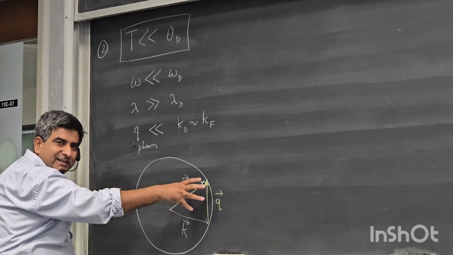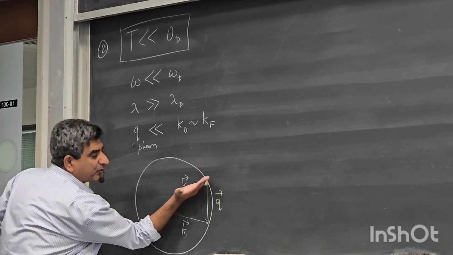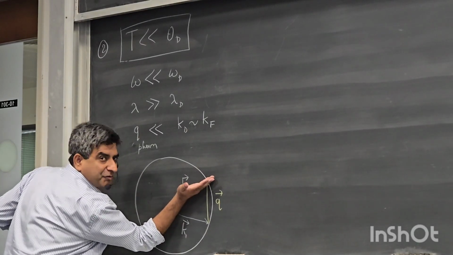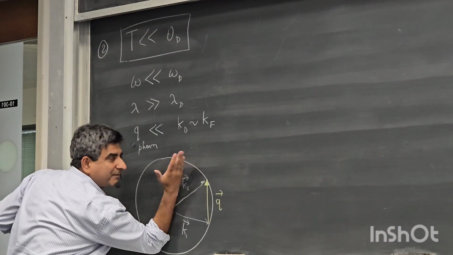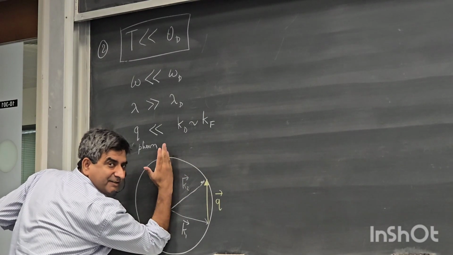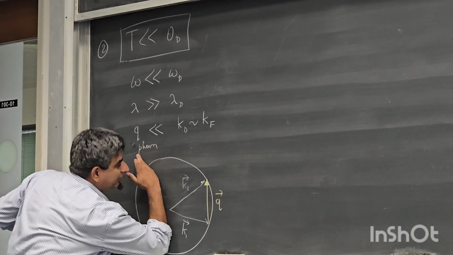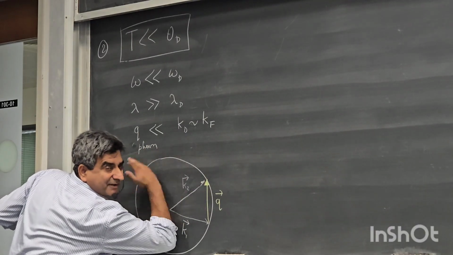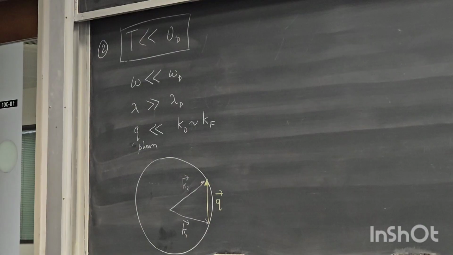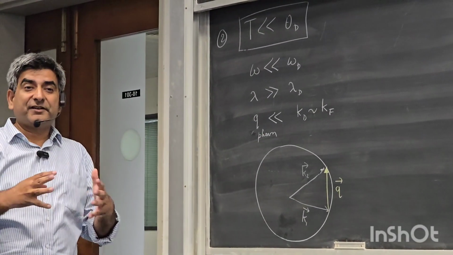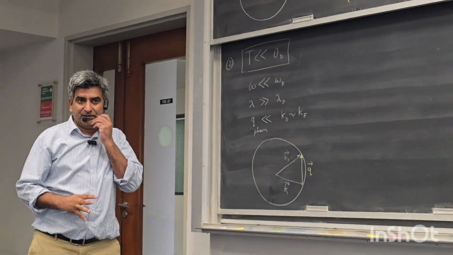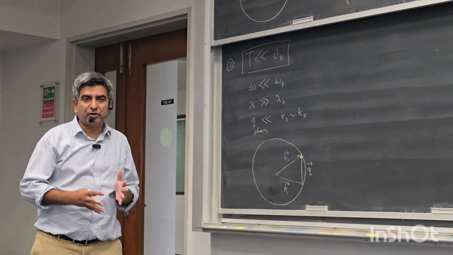So many kicks, many phonon absorption emission processes, an exceptionally large number of them, will eventually turn this wave vector for the electron from the right to the left side of this Fermi sphere. And hence electrical conductivity becomes higher, or electrical resistivity is smaller.